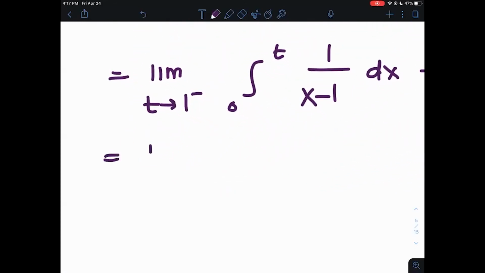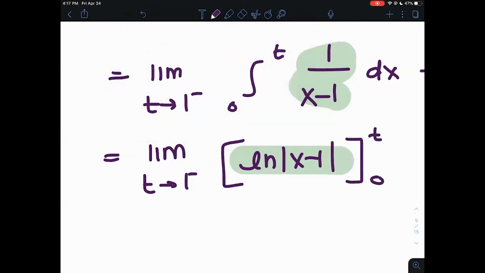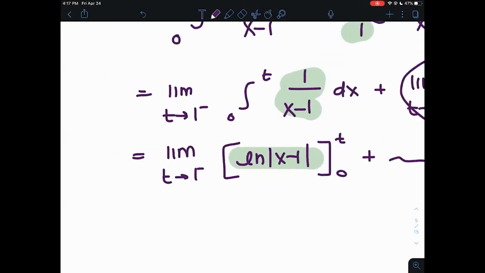When we are ready to integrate this, we are going to get the limit as t approaches 1 from the left of the natural log of the absolute value of x minus 1. Again, remember the antiderivative of this is natural log. And I need to evaluate that at t and at 0.